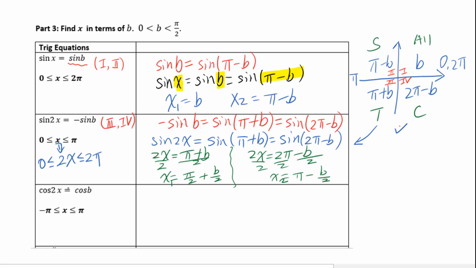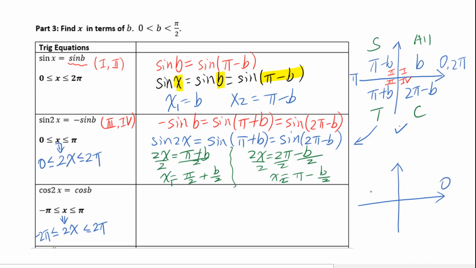For cosine 2x equals cosine b, multiply by 2 for this domain, you will get negative 2 pi less than or equal to 2x less than or equal to 2 pi. So we need to draw the diagram between negative 2 pi and 2 pi.